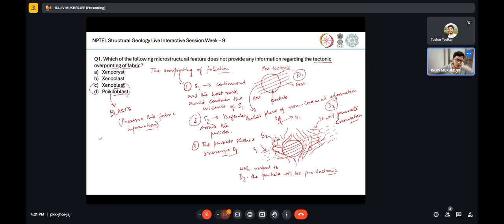So whichever is a clast, it is a foreign element to the host rock. Or not to the host rock, we can say to the deformed host rock.